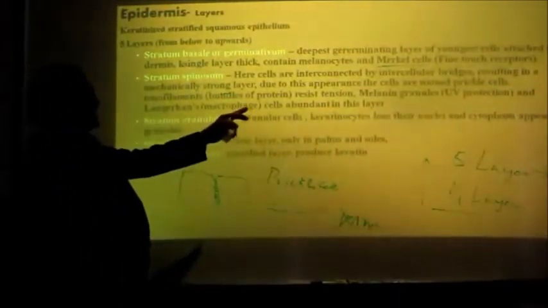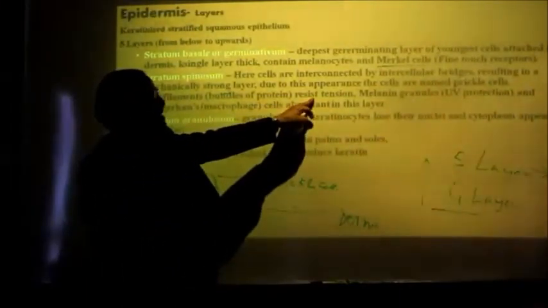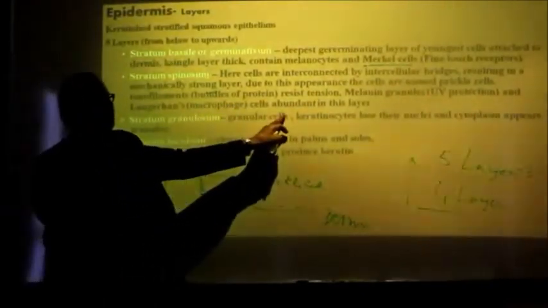So this prickle cell arrangement gives the name to this layer from the word spinosum, spine. Now these cells have bundles of proteins, tonofilaments, which resist tension. Then we have melanin granules, color-producing pigment providing ultraviolet protection. Then we have macrophages. They are very abundant in this layer.